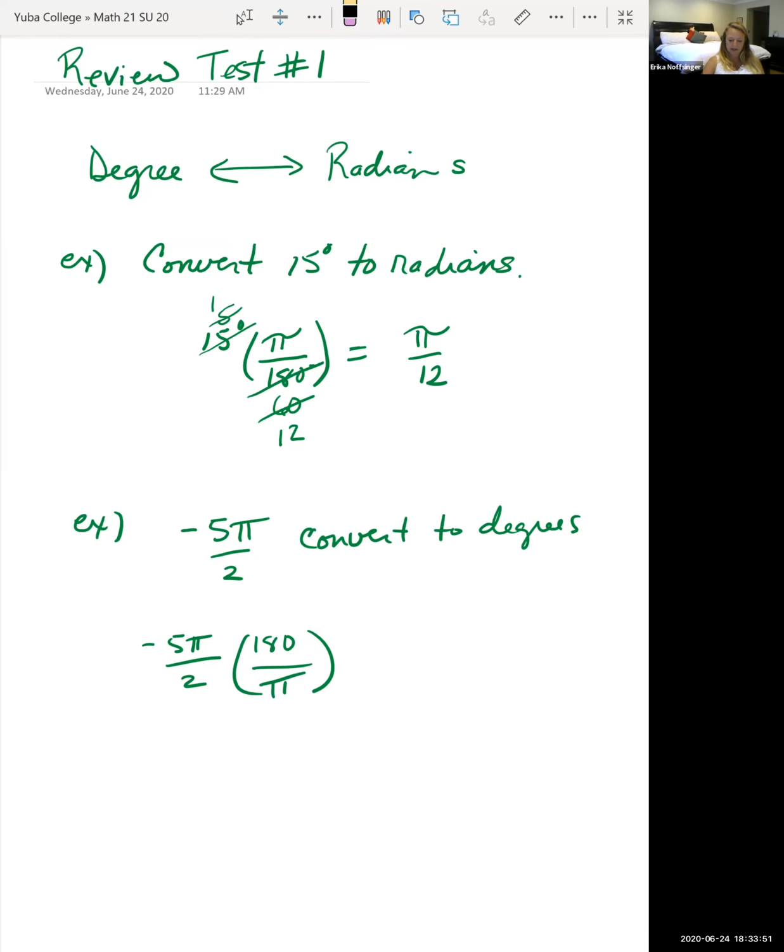Things start reducing, pi's cancel out, and 2 goes into 180 90 times. So we're left with negative 5 times 90. Well, 5 times 9 is 45 plus the 0 it ends with. So negative 450 degrees.